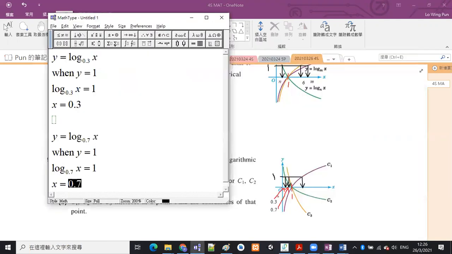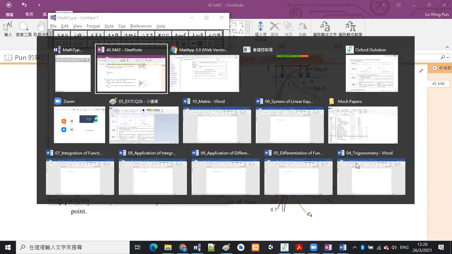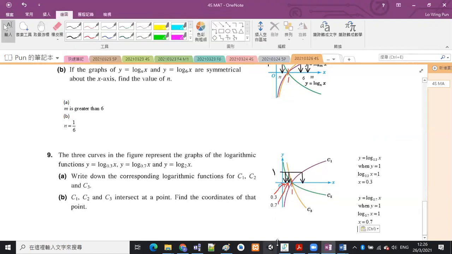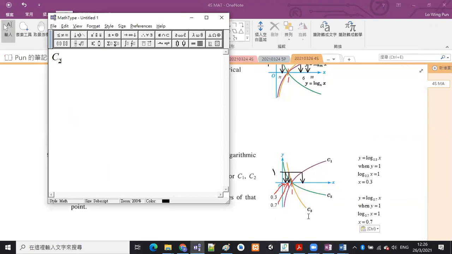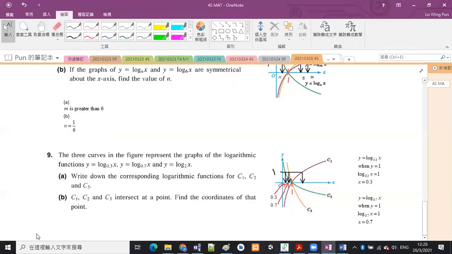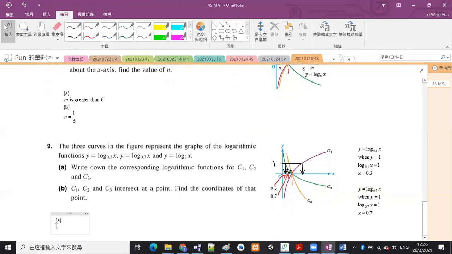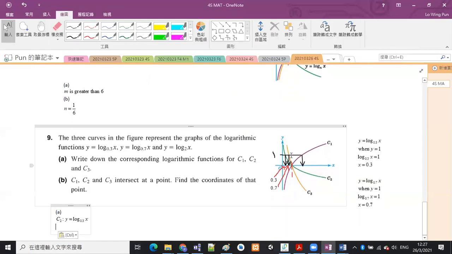Let me paste it here first. C2 should be y equals log x base 0.3. And then the yellow curve, the one that gives 0.7, that is C3, should be the graph of the log function with base 0.7.